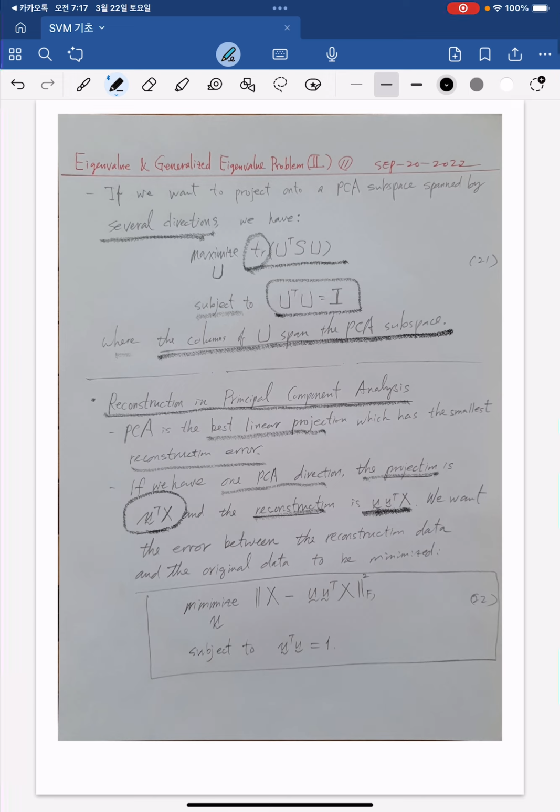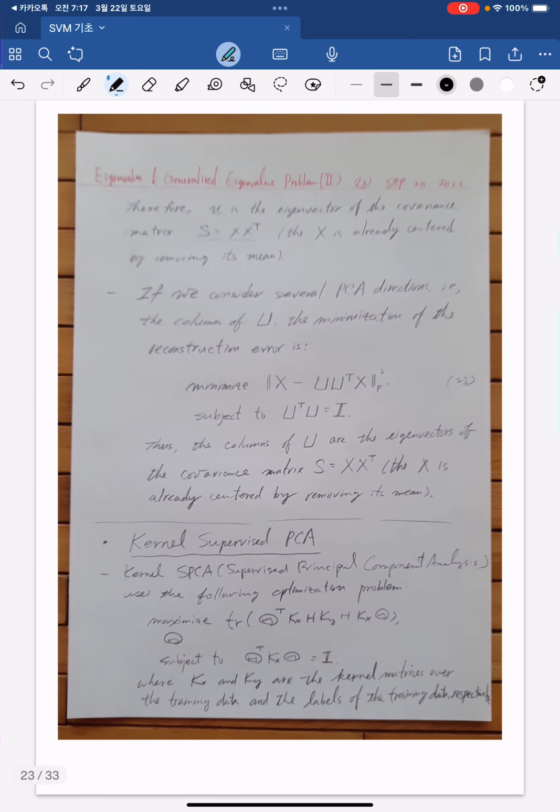We want the error between the reconstructed data and the original data to be minimized. Original data, reconstructed data. U transpose U is normal. Minimizing, so U transpose U. Therefore, U is the eigenvector of the covariance matrix S X X transpose.